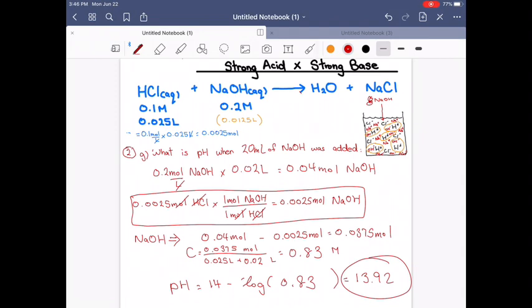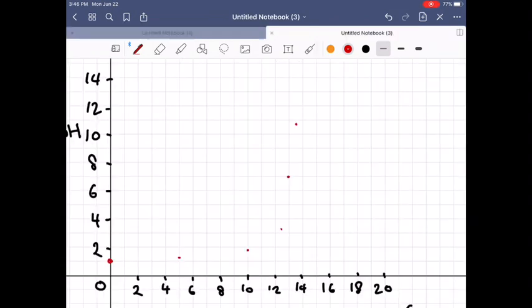So at 20 milliliters, the pH is going to go all the way up to 13.92, almost 14. My goodness. There you go.